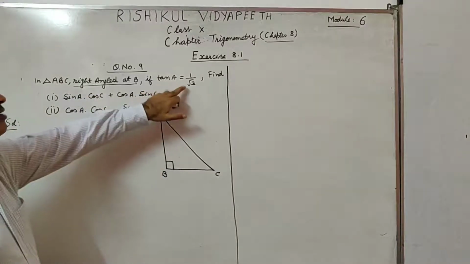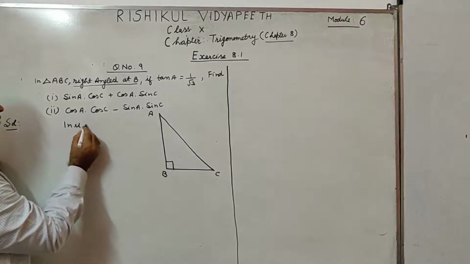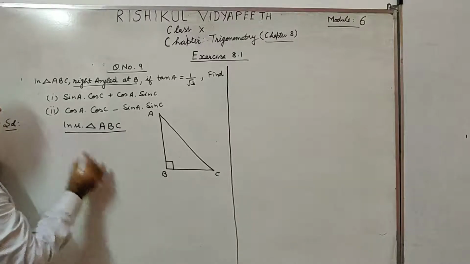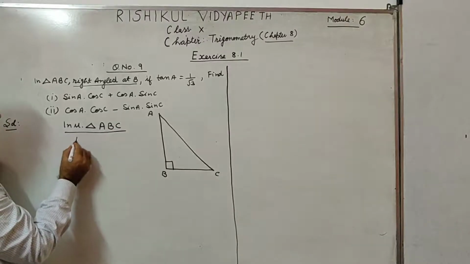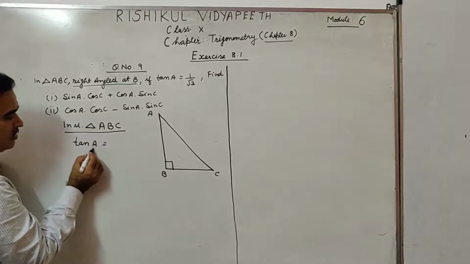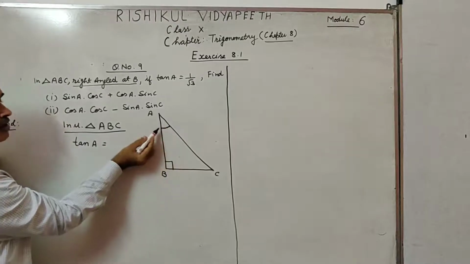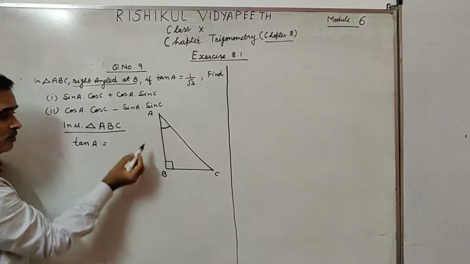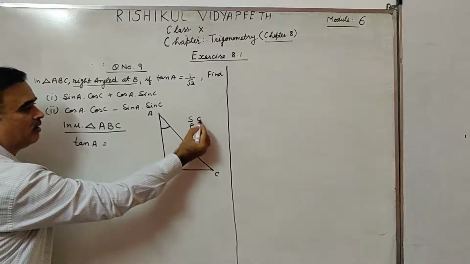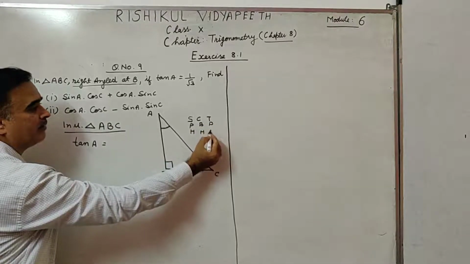Now, if tan A equals 1 by root 3 in right triangle ABC, what has been given? Tan A means, I told you, this is your acute angle, this is A, and with respect to this angle you know the mnemonic: some people have curly brown hair turning permanent black.